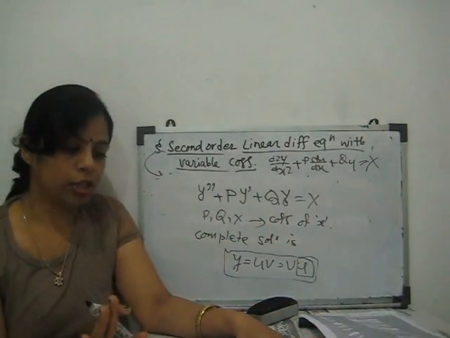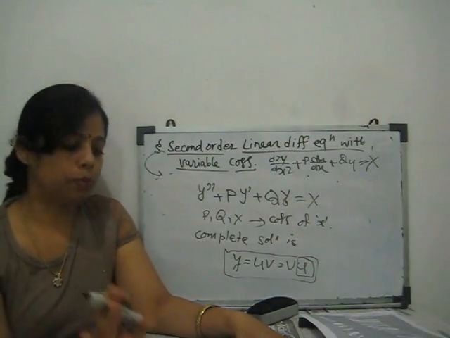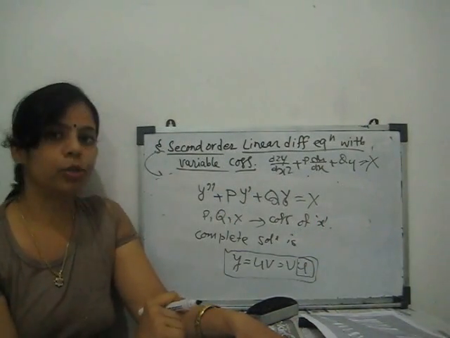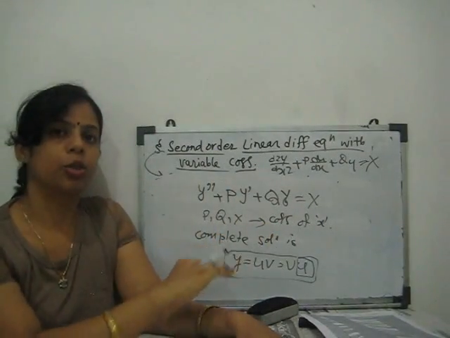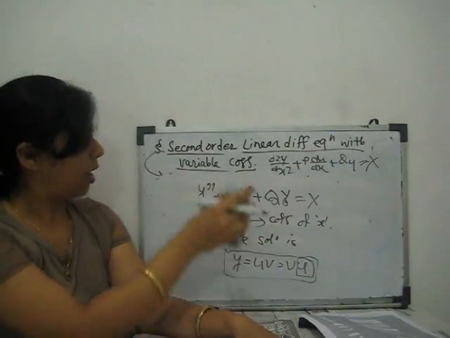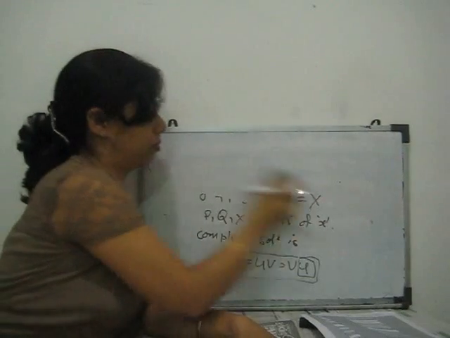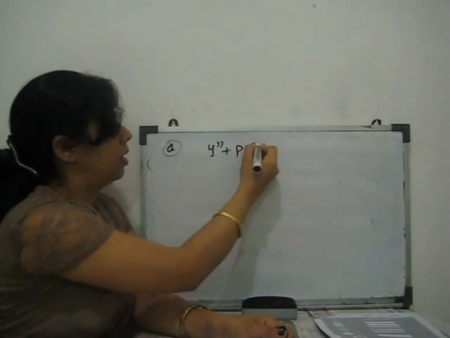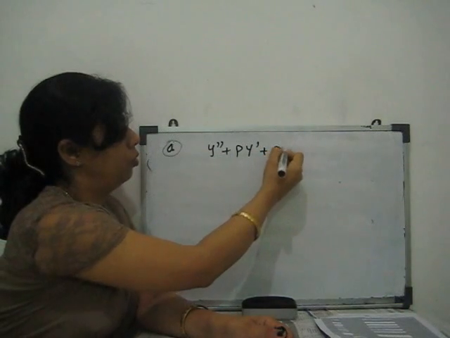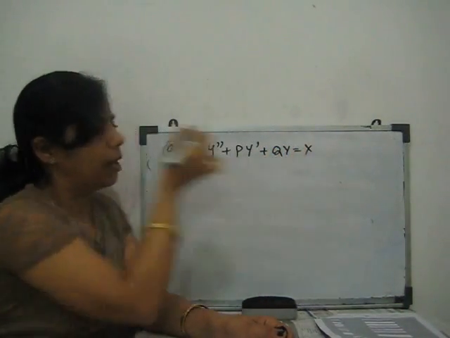For this u we can find it by inspection. There are some substitutions. If we look at the equation, we can directly substitute u equal to this. So I go one by one. Our equation is y double dash plus py dash plus qy equal to x.